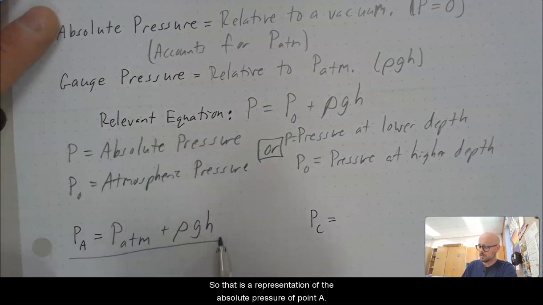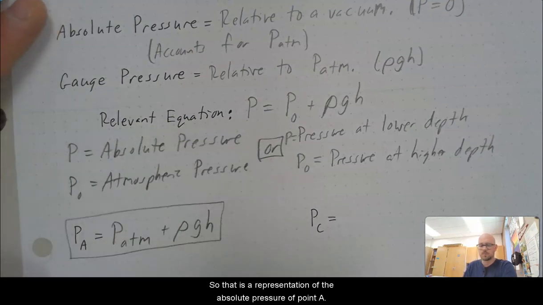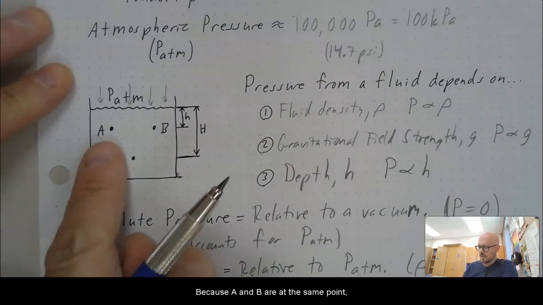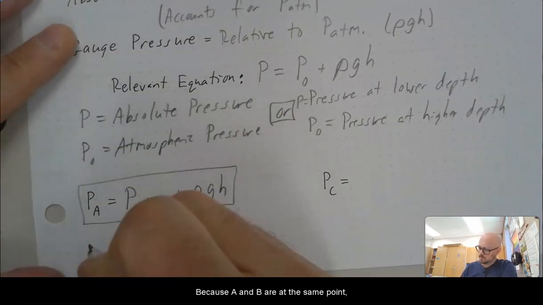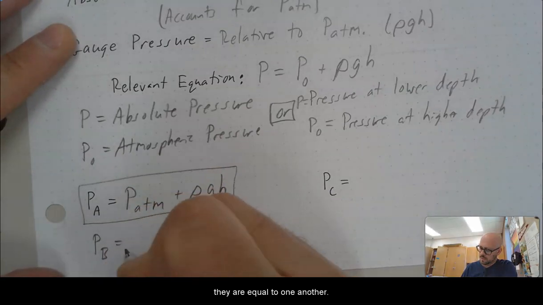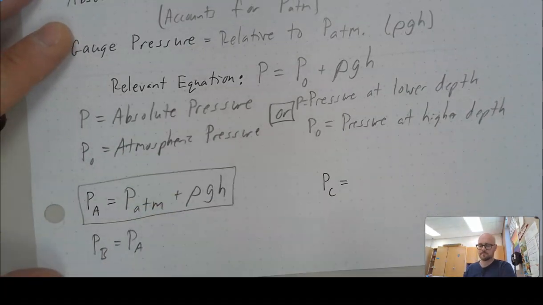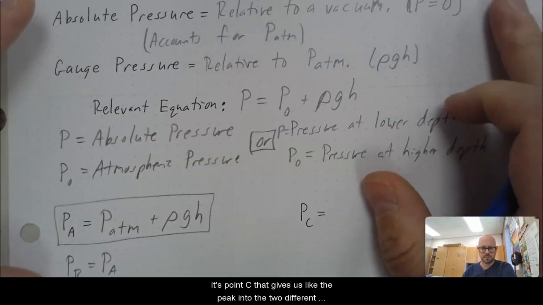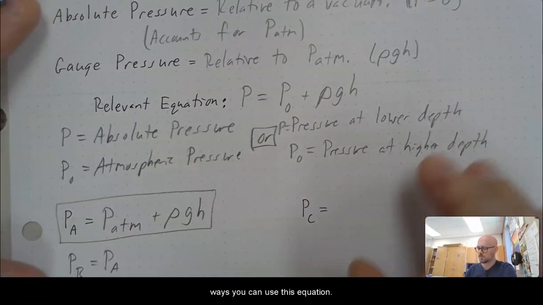So that is a representation of the absolute pressure of point A. Because A and B are at the same depth, they are equal to one another. So no extra math to do. It's point C that gives us the peek into the two different ways you can use this equation.